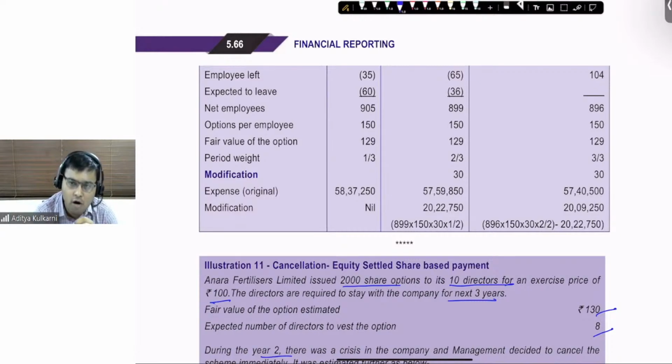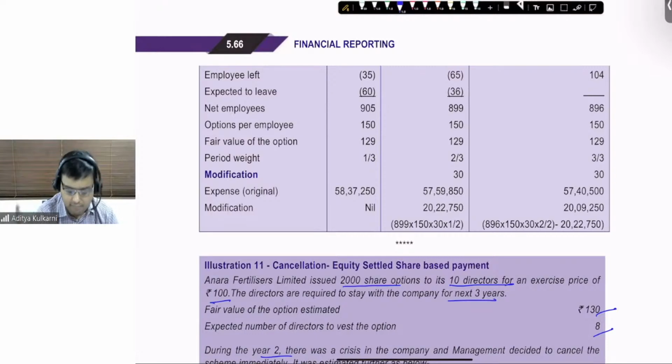Fair value of modified plan on the date of modification minus the fair value of the original plan on the date of modification. That is known as your incremental fair value. That will be the basis for calculating my modified plan expenses over the remaining period of the plan, and basis that we will be recording the expenses throughout.